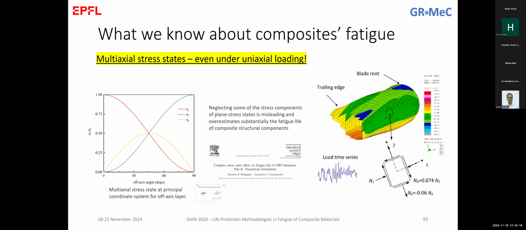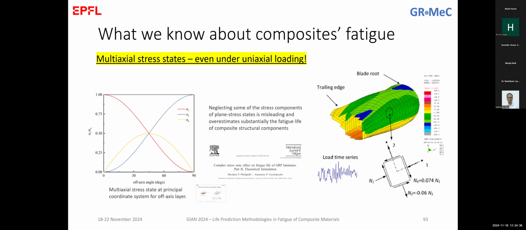And what we realized at this time, this was part of my PhD 25 years ago, is that the design codes at the time were neglecting some of these stress components and assuming the failure was related only to sigma 1, the principal stress.